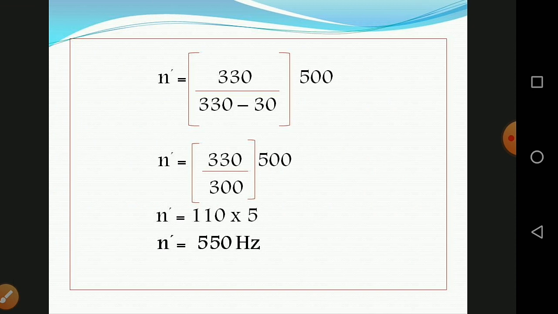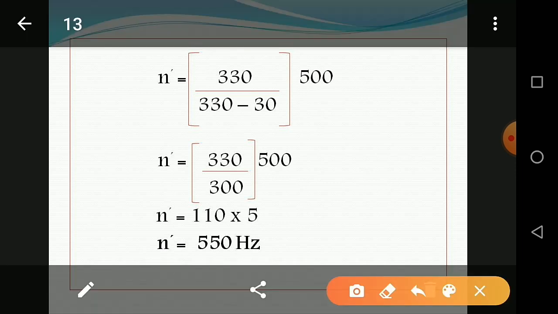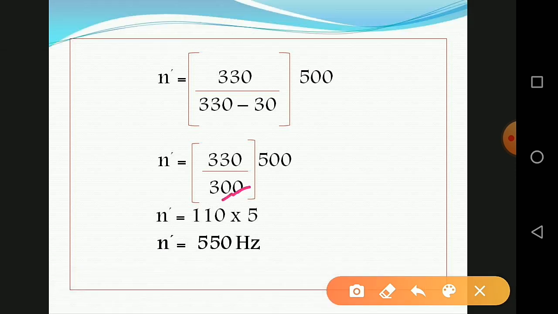So n dash is equal to 330 divided by 330 minus 30, that means 300, into 500. So we cancel the 300, and then cancel these zeros and these zeros.